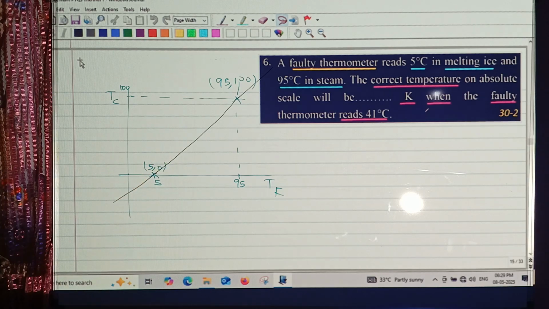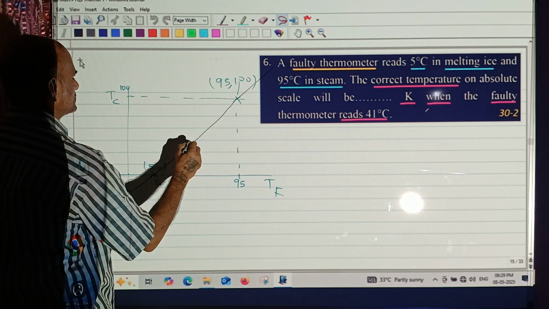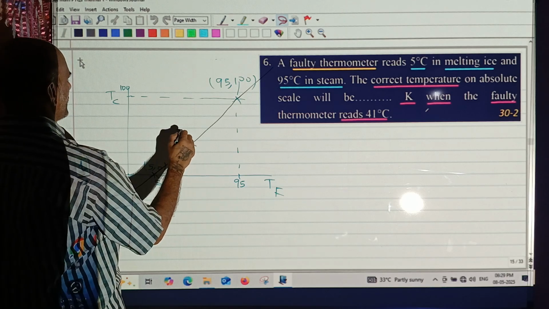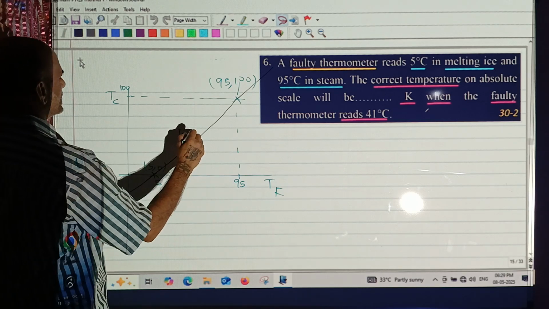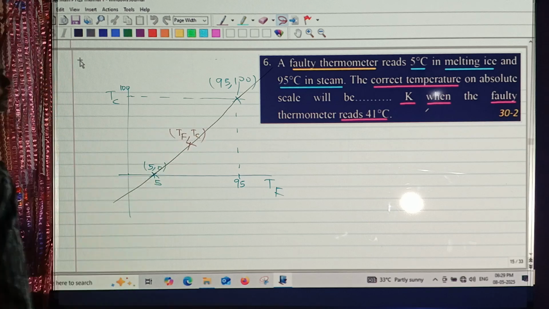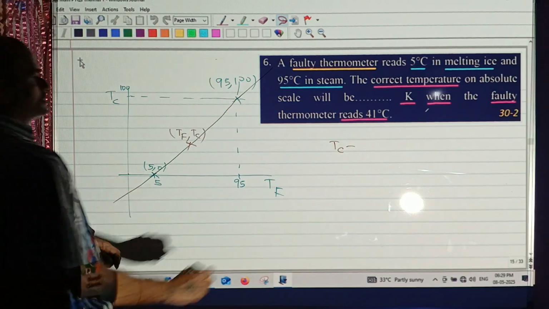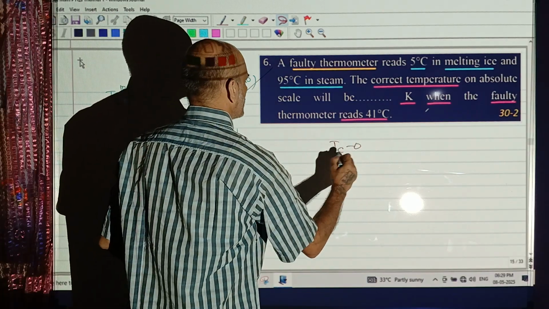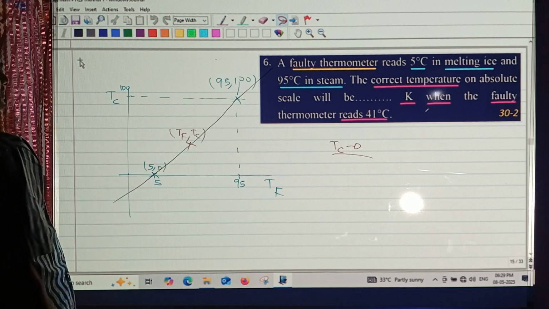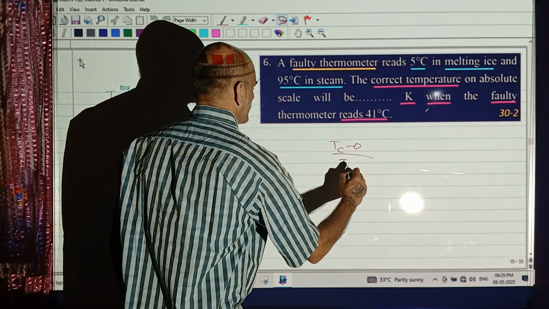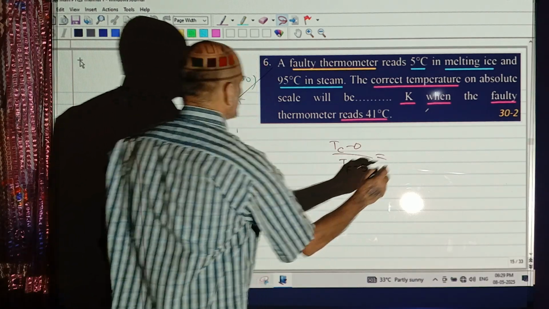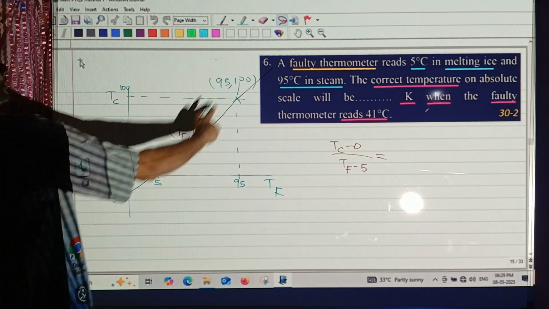To get this equation, since 2 points are known, let me assume a third point here. X is TF, an arbitrary point, and the y coordinate is say TC. So the slope of this line using these 2 points is TC minus 0 divided by delta x, which is TF minus 5, equal to the slope between these 2 points.